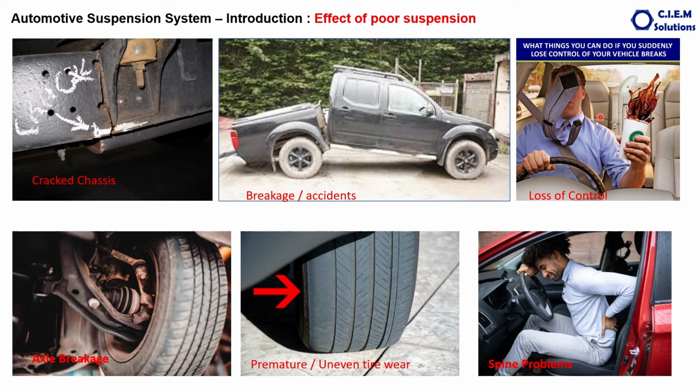As discussed, spine problems are different here, and also premature or uneven wear of the tires, and sometimes we can see cases like axle breakage also. So this is how a poor or ineffective suspension creates problems.